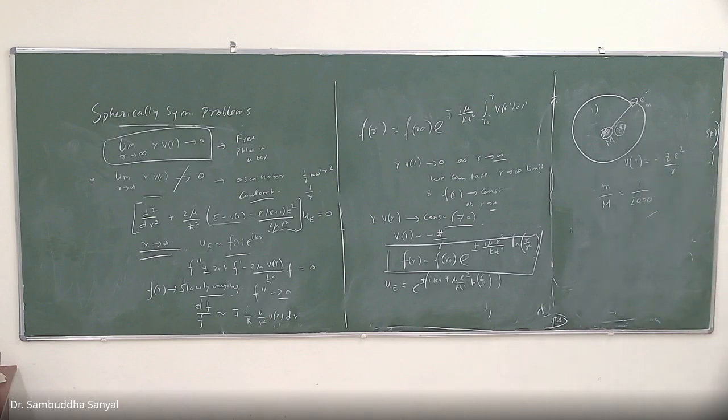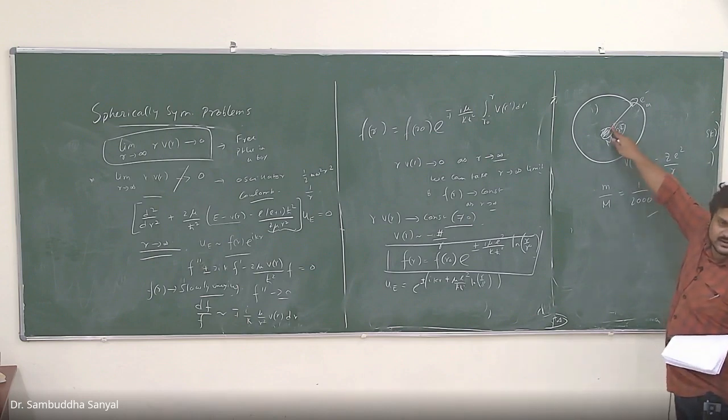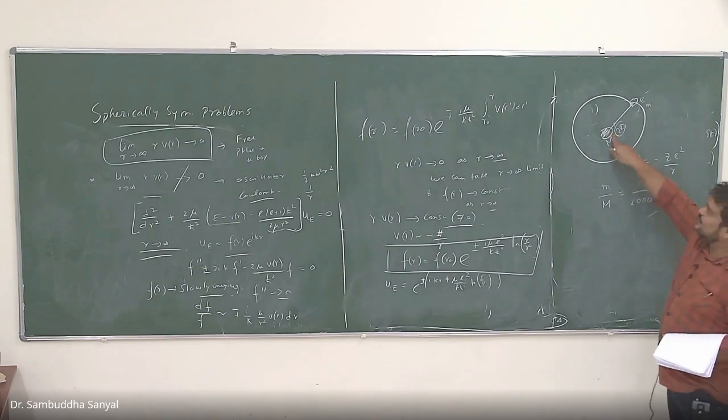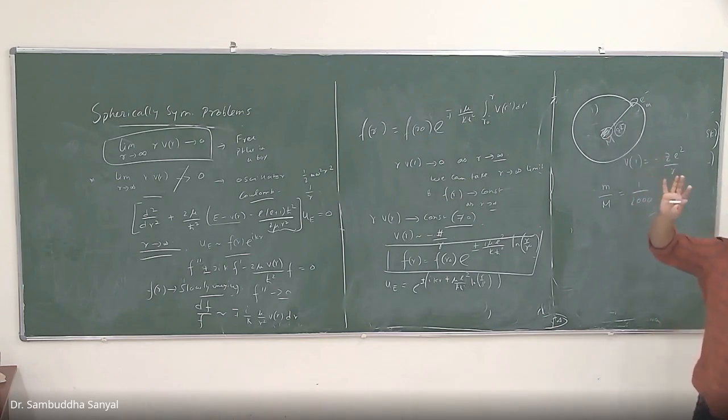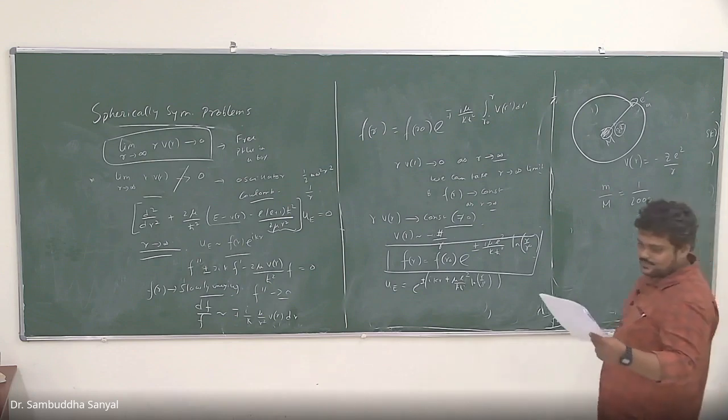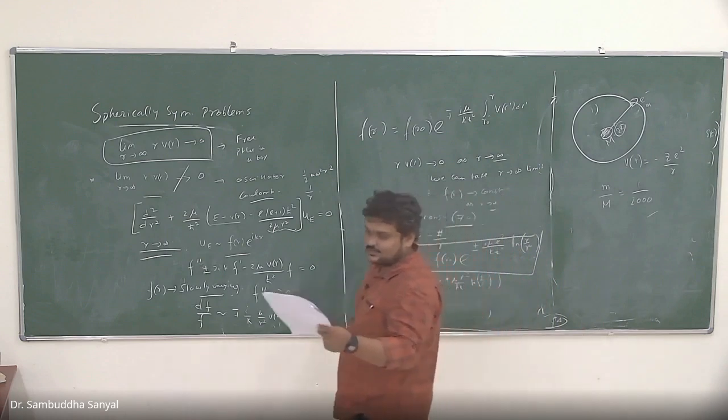Just like Earth and Moon or Earth and Sun, the orbiting center is very close to the heavier body. So with this kind of ratio, you can effectively think this is fixed, not orbiting, and only the other one is orbiting. That is how we will set up the problem, and we'll discuss the solution next time.